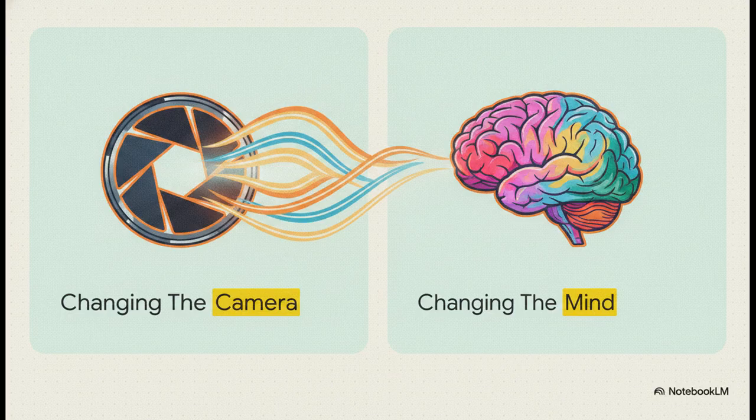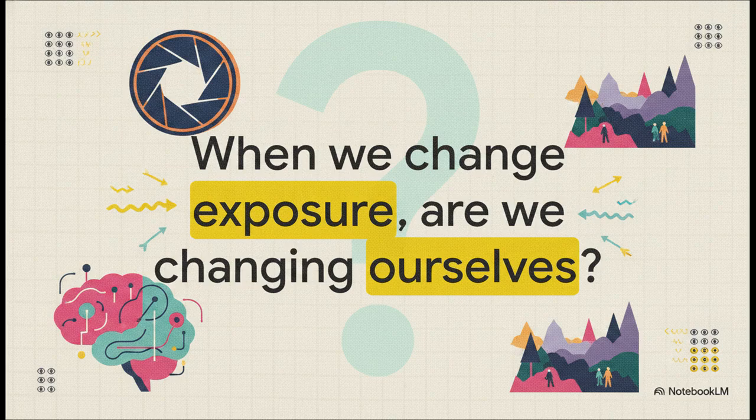And schimb, that final word in our strange transcript, it means I change. Could it be that this bizarre data glitch has accidentally handed us a metaphor? Like, is the physical act of changing our camera's exposure secretly mirroring a deep psychological shift? A moment where we're forced to pause, take in more light from our surroundings, and completely change our inner perspective? When we change our exposure, are we really just changing ourselves?